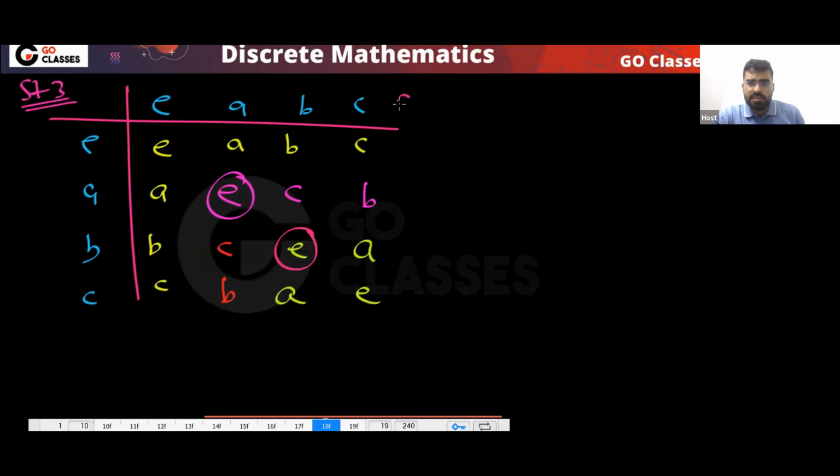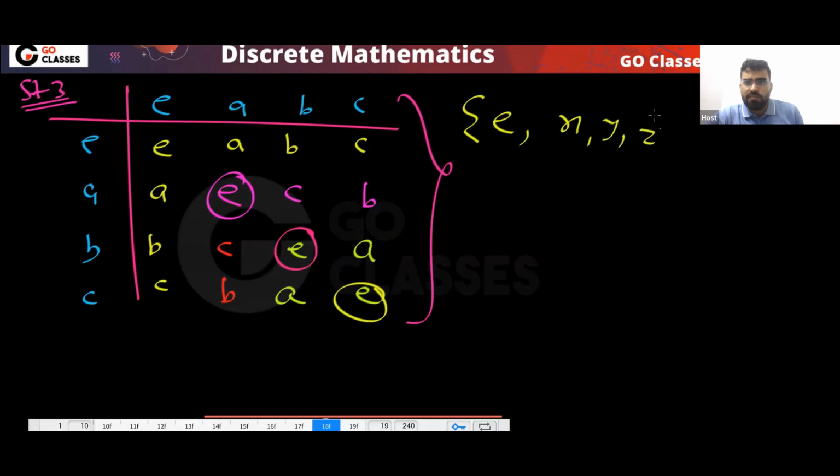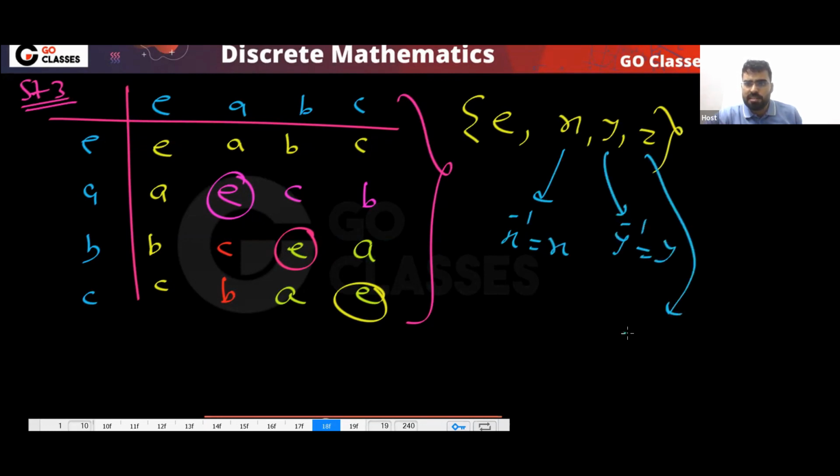But structure 3 is different. What is happening here? Here every element is inverse of itself. This is a different structure.